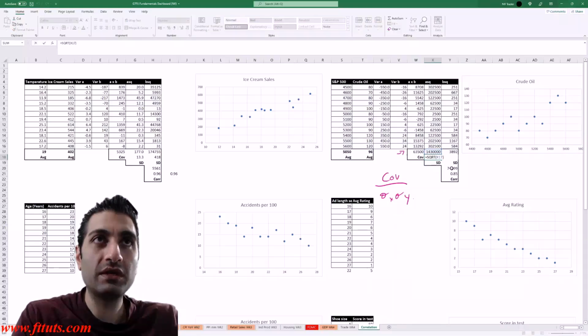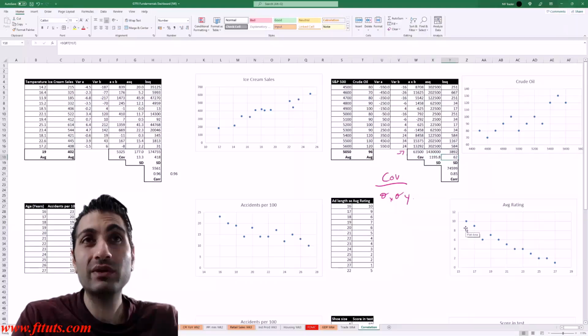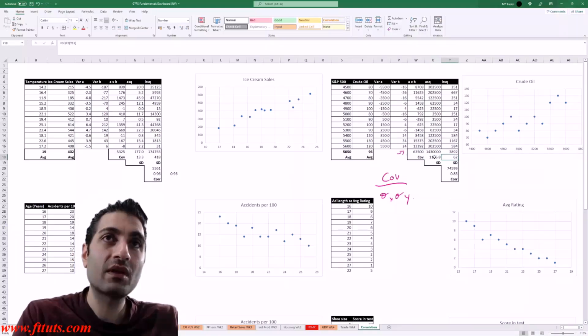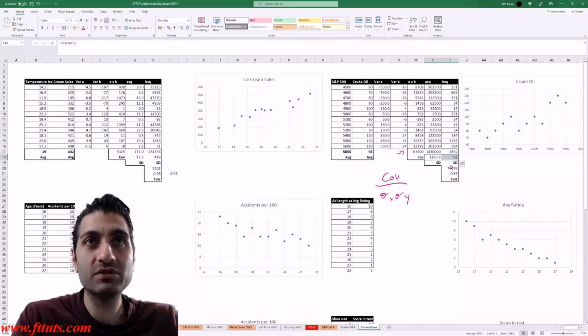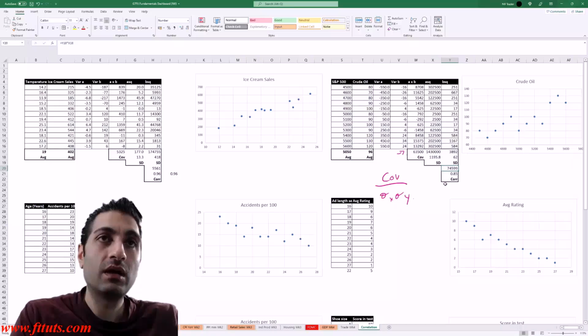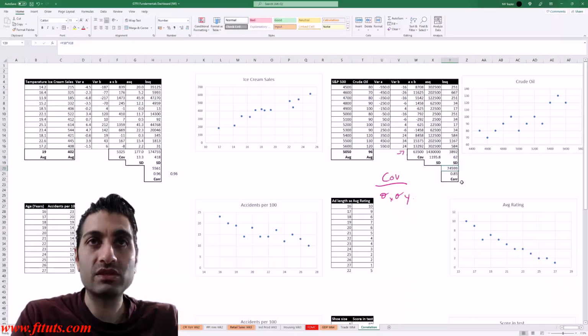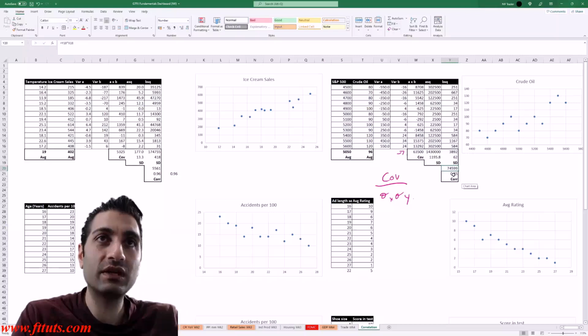So for the S&P 500 it's 1195, for crude oil it's 62, okay? Then you multiply them together, so 1195 times 62, which gives you 74,599.